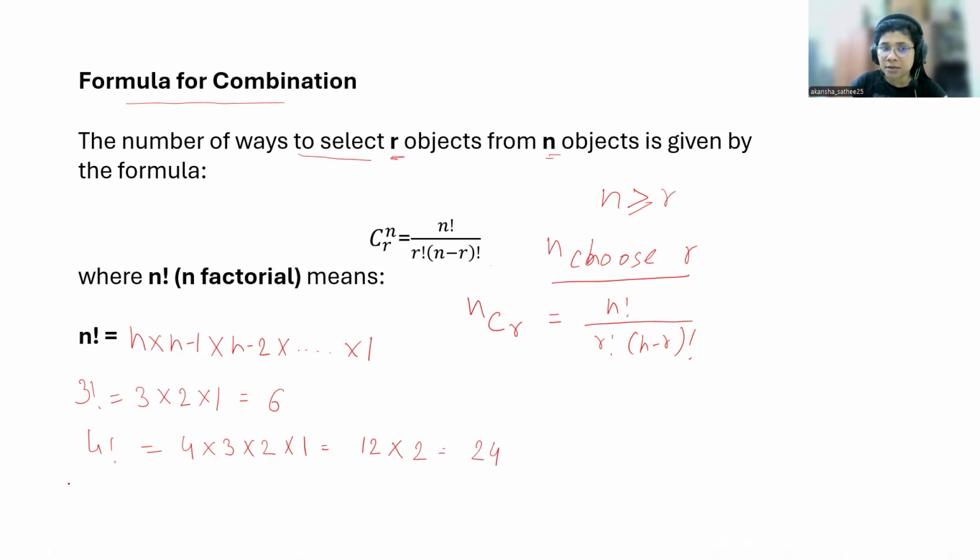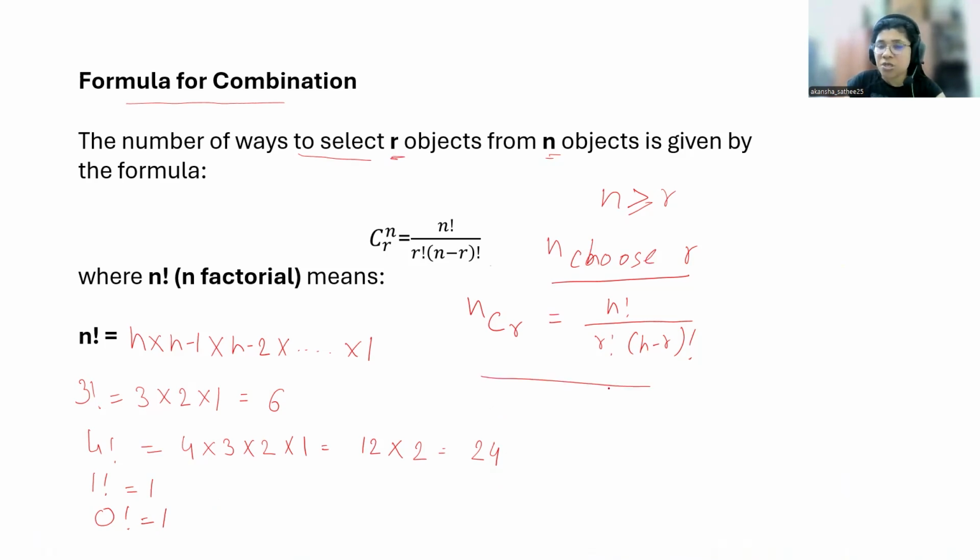Is that clear? And similarly, factorial 1 is 1 and factorial 0 is also 1. This you have to remember. Factorial 0 is 1.